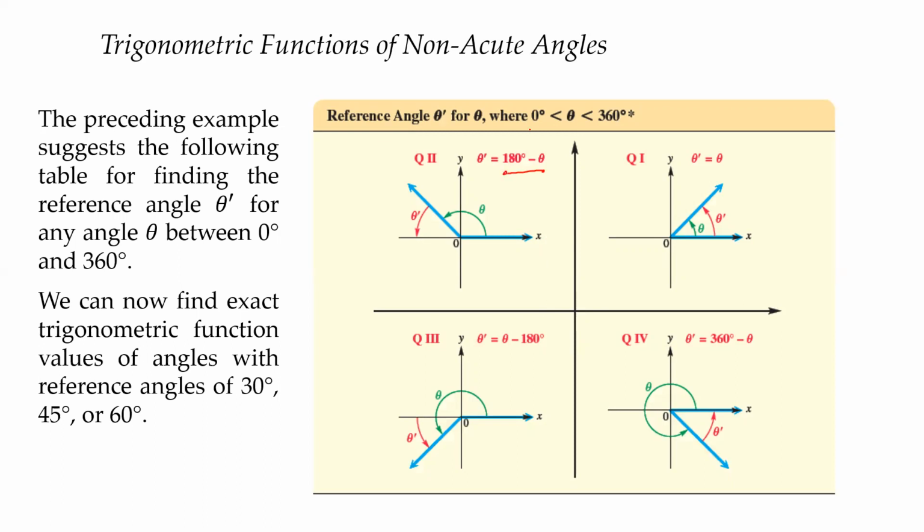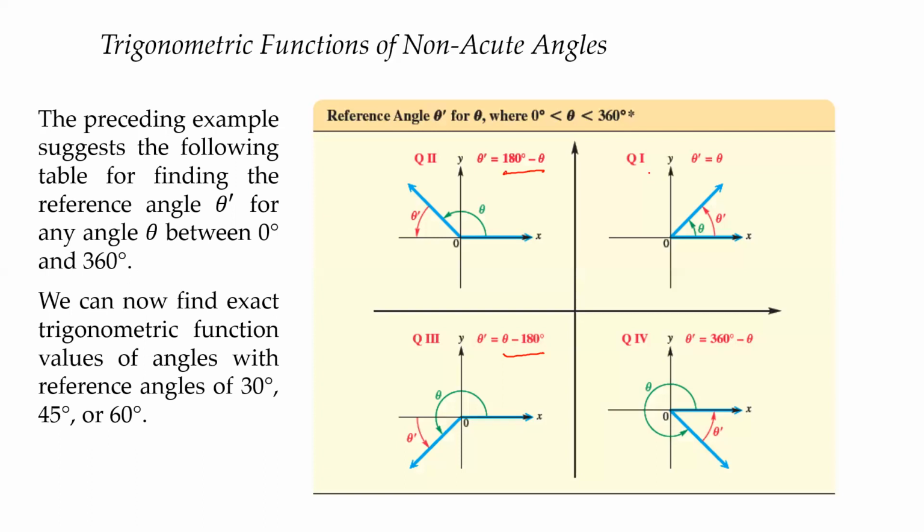If our theta is in quadrant 3, our theta prime is theta minus 180. And for quadrant 4, theta prime is equal to 360 minus theta. And of course, if our theta is in quadrant 1, that is positive, so theta prime is equal to theta.